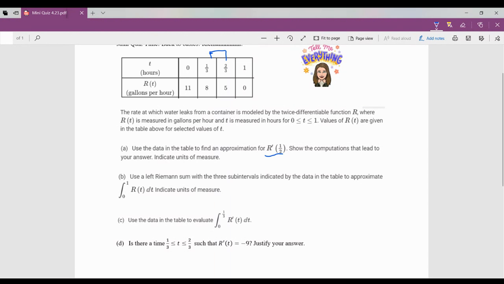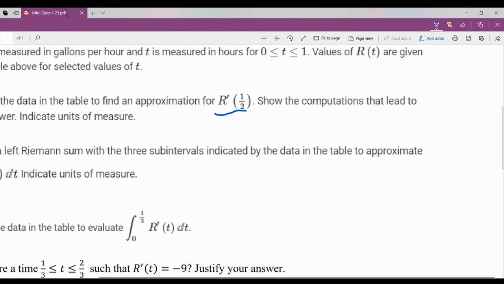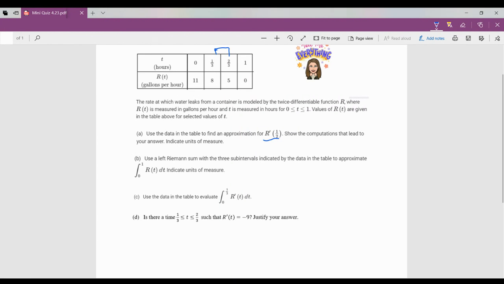So when we think derivative, we think slope. So to approximate R prime of 1/2, we're going to find the slope. So it's approximately equal to 5 minus 8 over 2/3 minus 1/3.